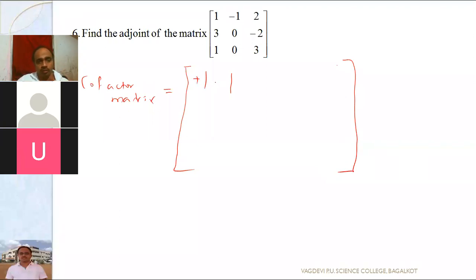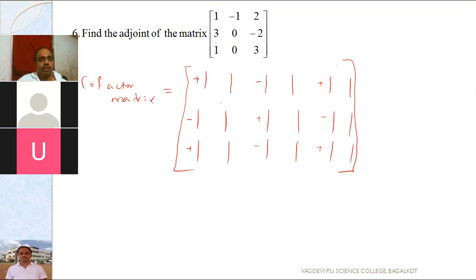I hope you're getting my point. In the last question, when you delete the row and column, directly you get the answer number. But since it is a 3 cross 3 matrix, you get a 2 cross 2 determinant. Plus, then minus, again determinant. Plus, minus, then plus, determinant. Correct? You have to write like this.